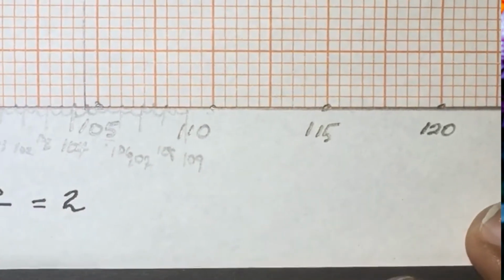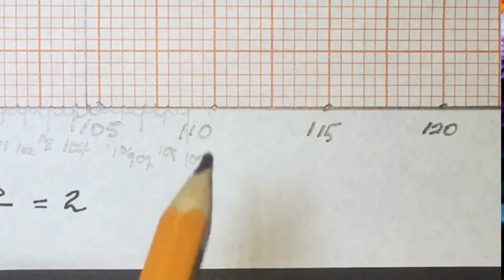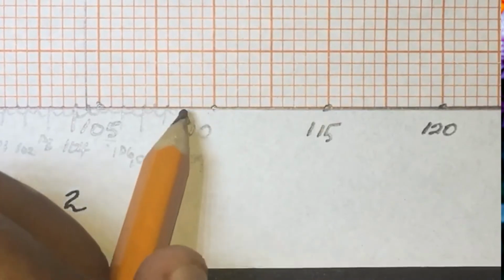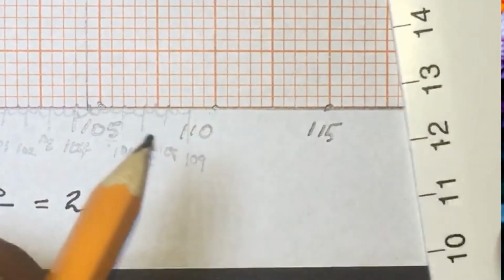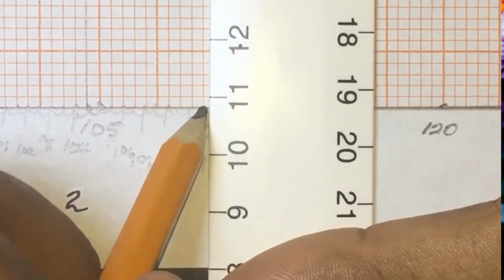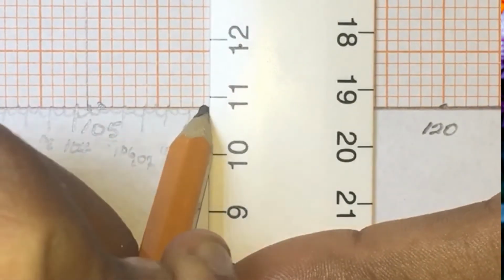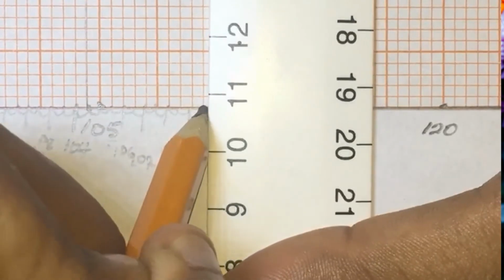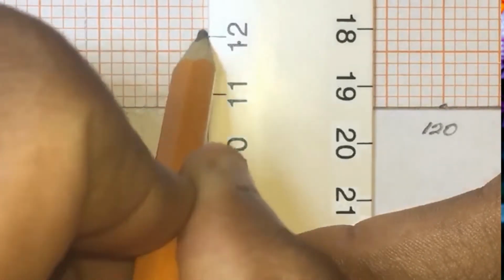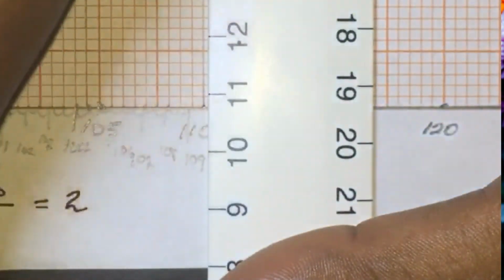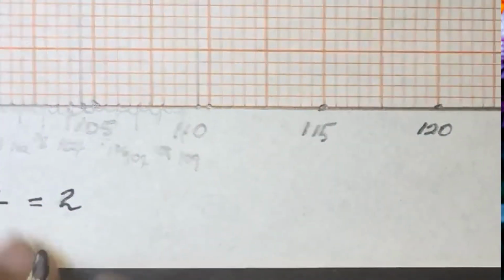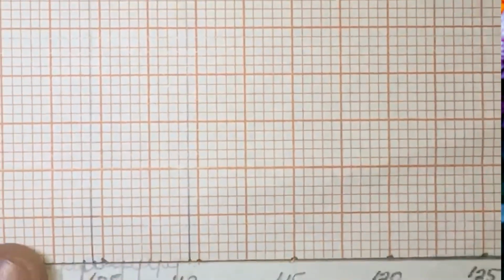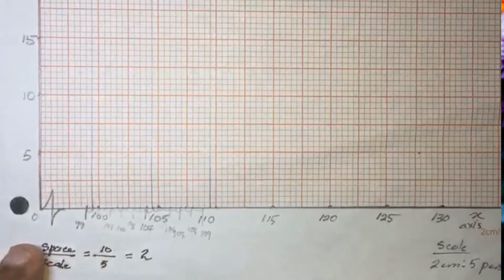But I'm looking for 109.5, which is halfway between 109 and 110. So I have to draw my line right here, halfway between 109 and 110. There you go.